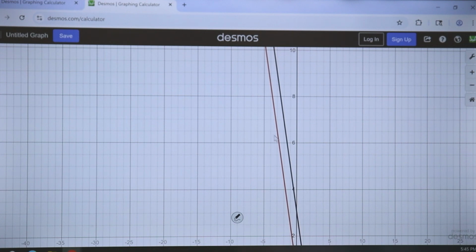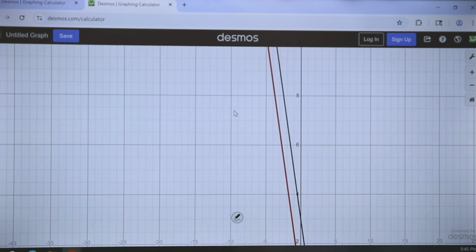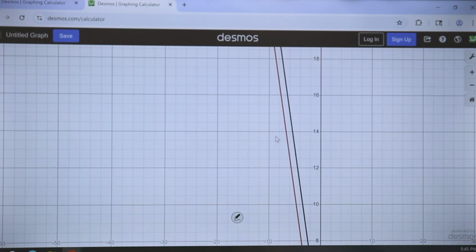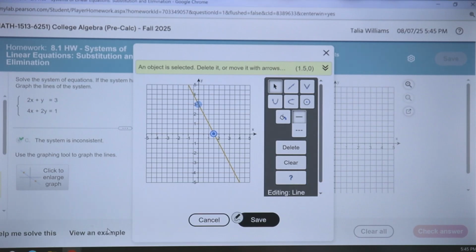I can't graph quarters. Not what I'm wanting to do. But I don't think I can do that. Let's see. Yeah, we're stuck between fives.